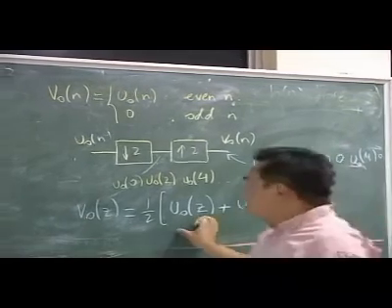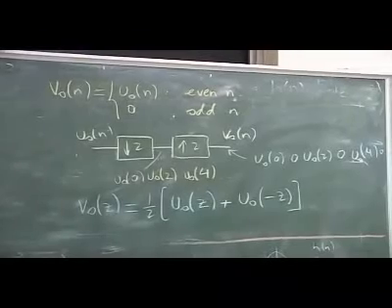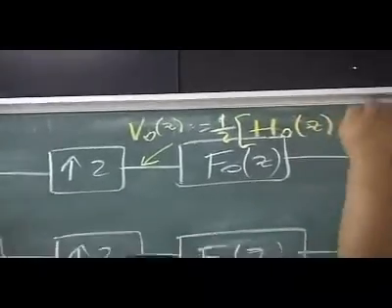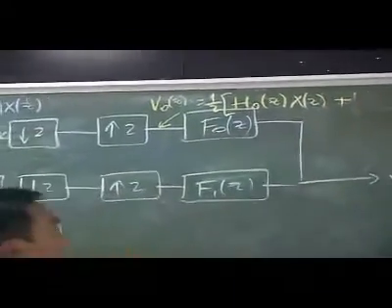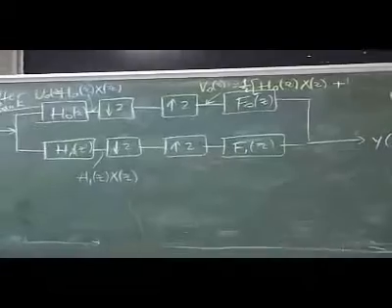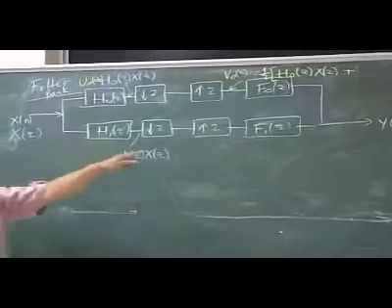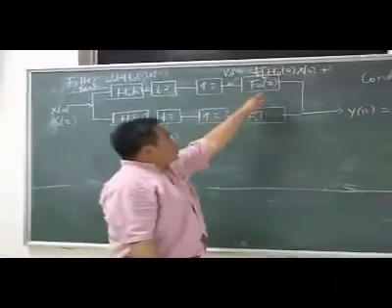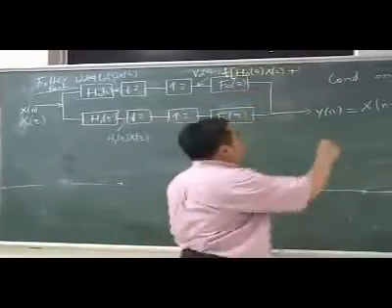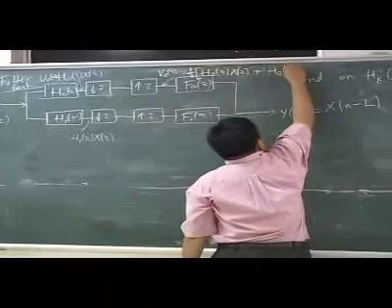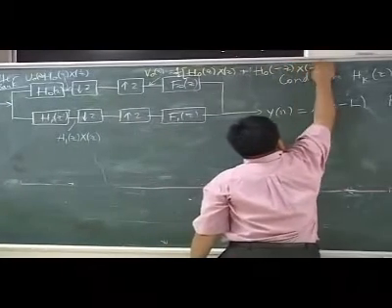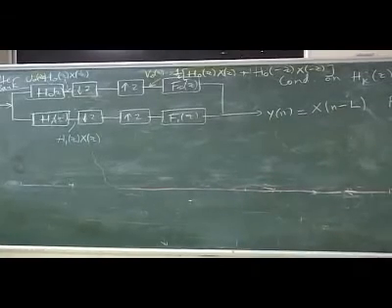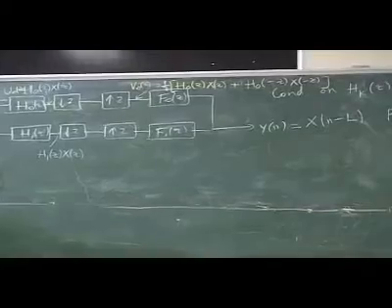So if I plug this in here, what do I get? This is H0 of Z, X of Z, and what is U0 of minus Z? H0 of minus Z, X of minus Z. Any question on this derivation?